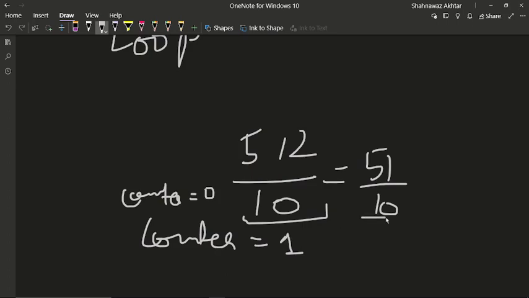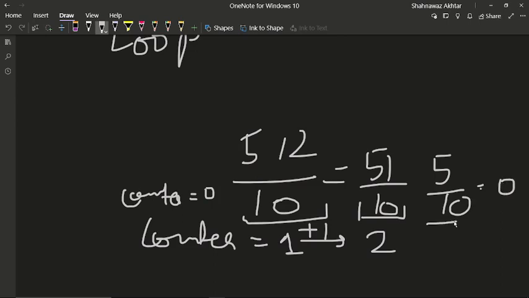Then again if we divide it by 10, it is again dividing. So we will move the counter to 2 after adding 1. Then we have 5, again divided by 10. Now we are getting 0, but it has divided correctly. So we will move the counter to 3 after adding 1 to the previous one. Now since it has 0, we have to stop.